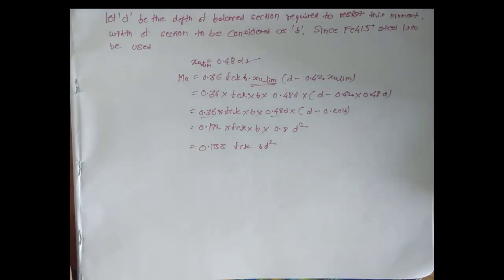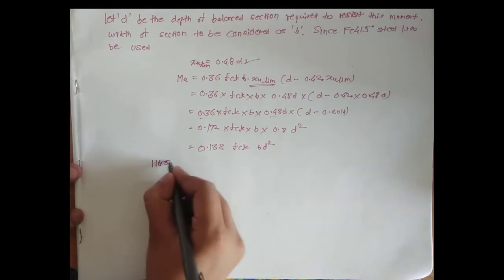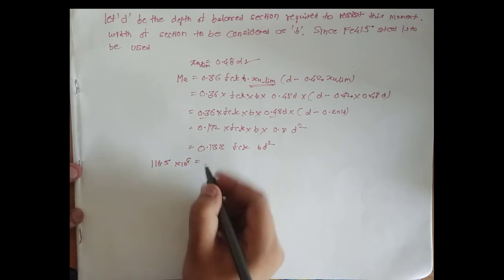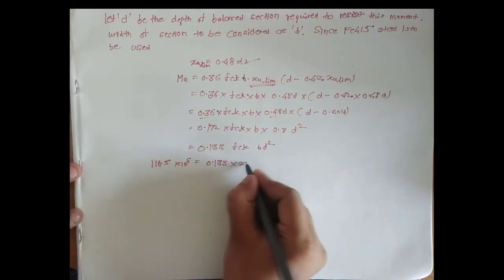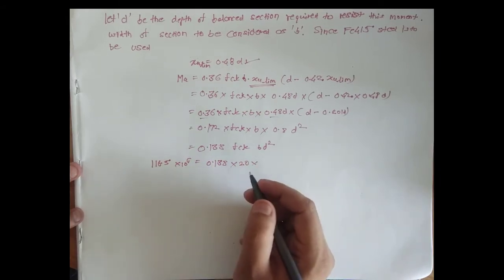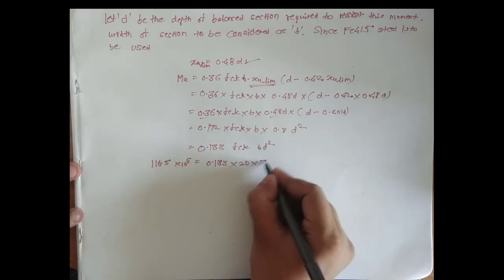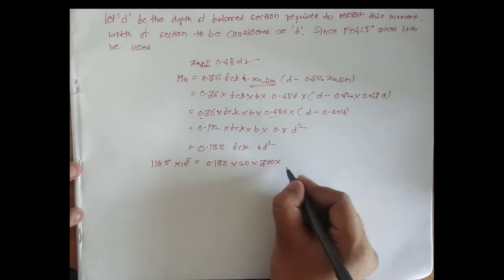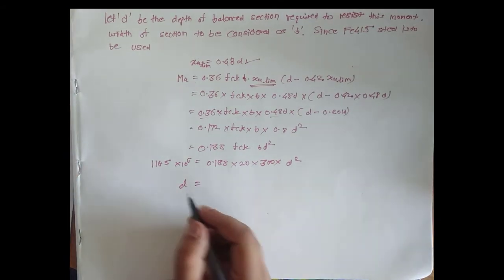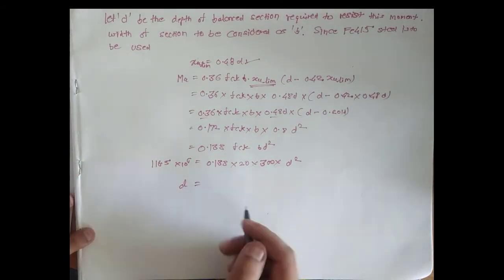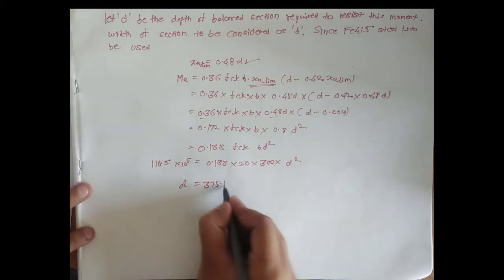Now we have the value of MU, that is 116.5 into 10 to the power 6 equals 0.138 into 20, FCK is 20 for M20, then 300 is the value of B, and D we need to calculate. For one equation one unknown, we can calculate it using the calculator, which is coming out to be 375.15.